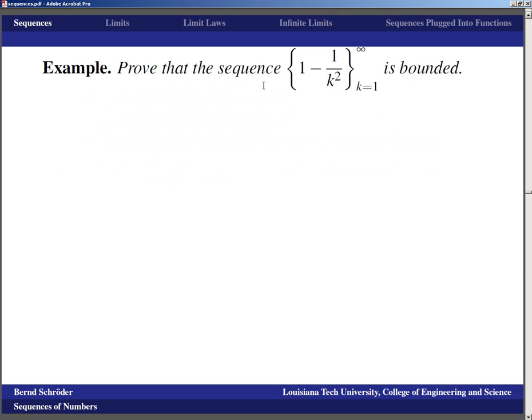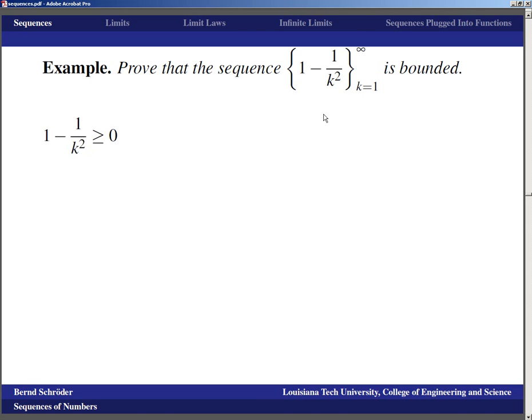As an example, if we want to prove that the sequence 1 minus 1 over k squared, for k equals 1 to infinity, is bounded, we realize that minus 1 over k squared is never greater than 1 and always negative, because k starts at 1. And so that means that 1 minus 1 over k squared is greater or equal than 0 all the time.